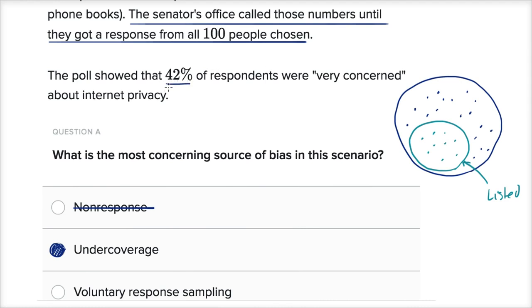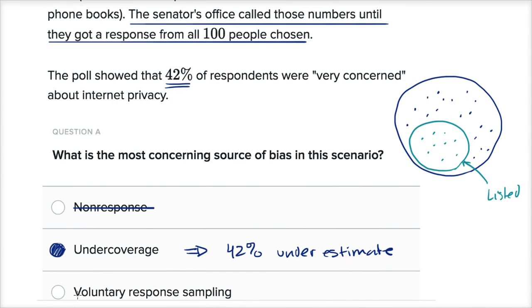And so I would say, because of undercoverage, 42% is likely to be an underestimate of the people concerned about internet privacy. That probably a higher proportion of the people out here care about privacy because they're unlisted or they don't even have a landline. So undercoverage probably introduced bias, and it implies that 42% is an underestimate of the percentage of the senator's constituents who care about internet privacy.